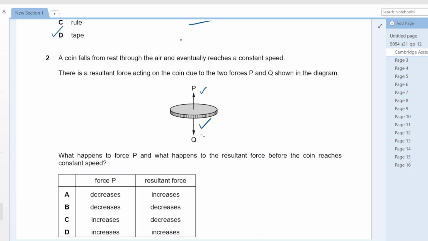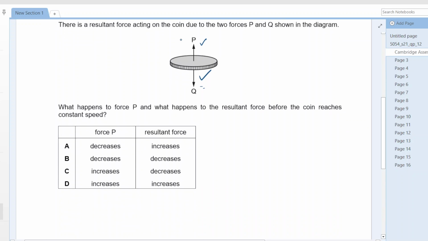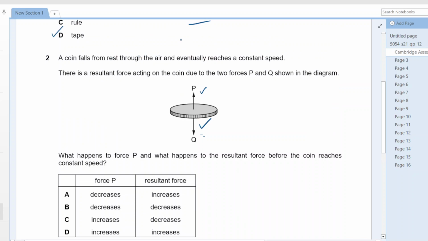Therefore, this condition is best described by C. Force P increases, resultant force decreases. Therefore, question 2, answer C.